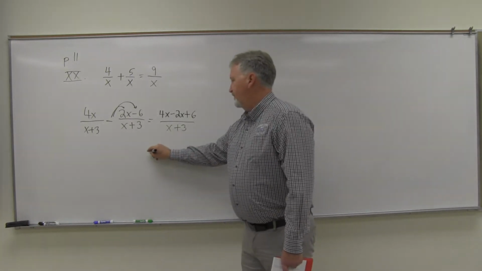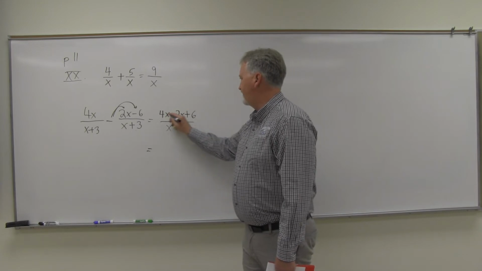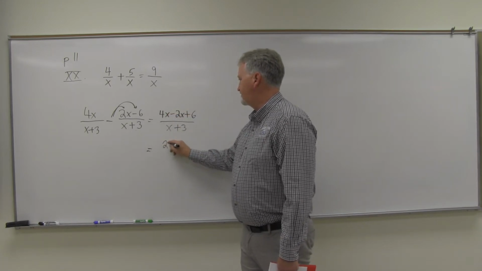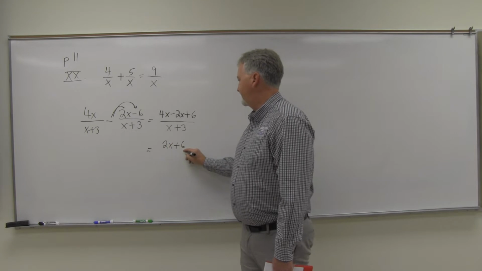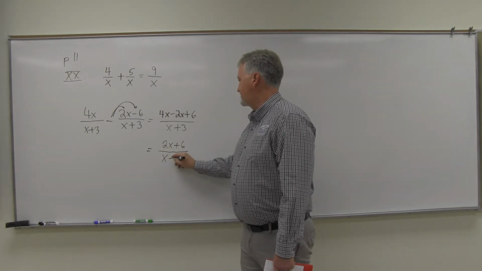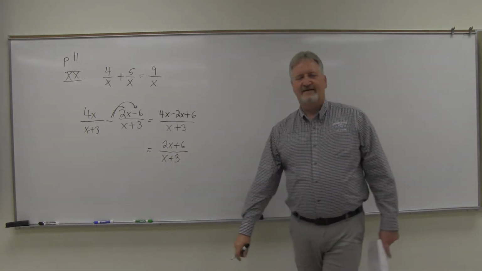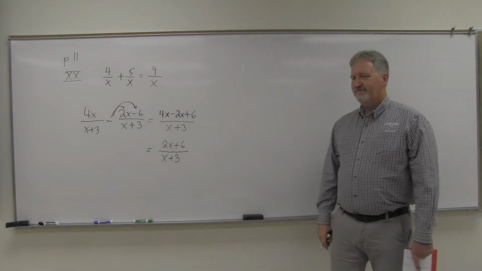Now, when we combine those, you've got 4x minus 2x, combine like terms. Here's the next thing. We get 2x plus 6 over x plus 3.